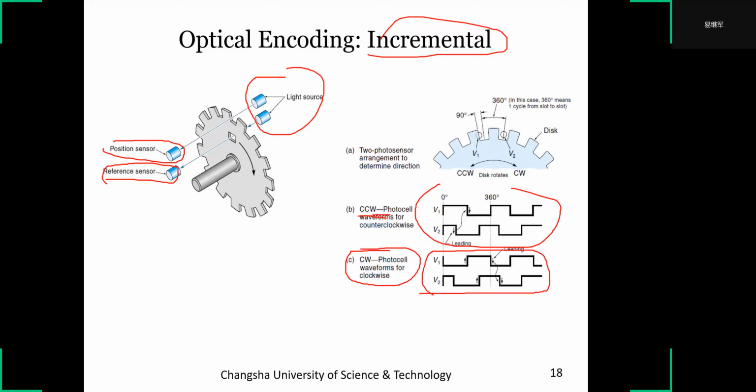We can see the difference here. This is V1 and V2. In this one, V1 is in the front. In this one, V2 is in the front.